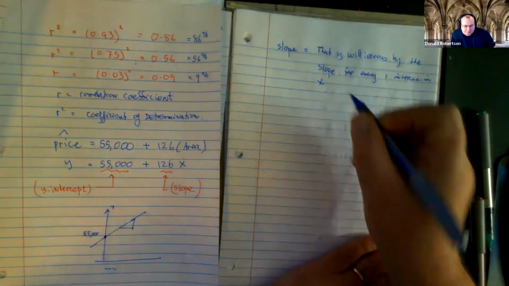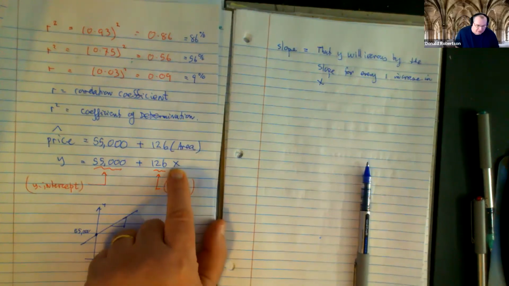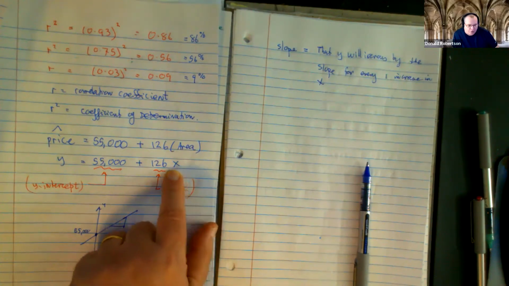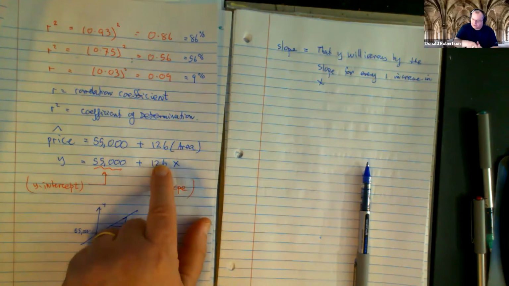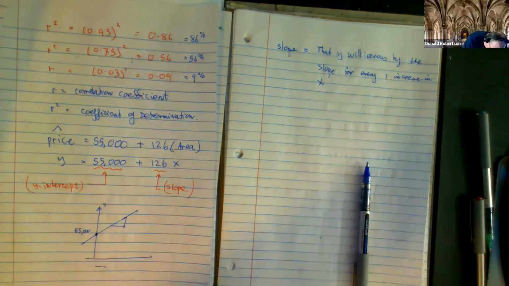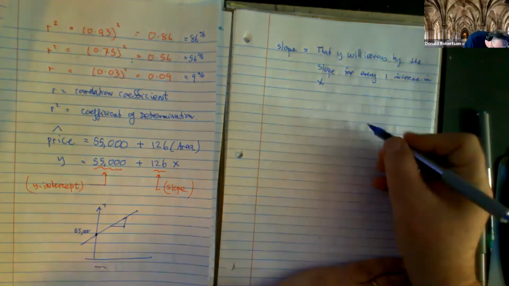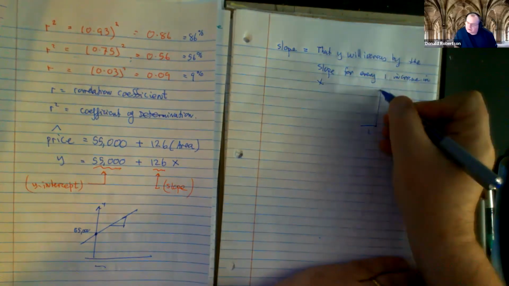So if x gets one bigger, the y value will increase by another 126. So you imagine you went along one, the price would go up 126. Does that make sense?